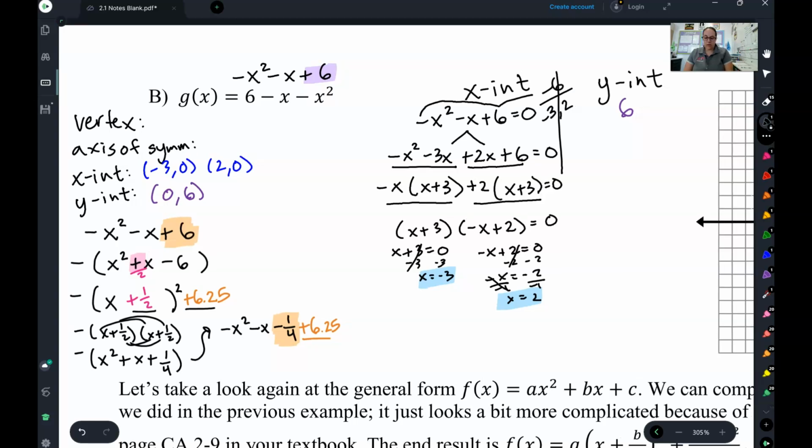So you have now completed the square. Here is your vertex form. Kind of ugly looking, not the prettiest vertex form. I mean, fractions, right? But it's still a vertex form. So now we can still come in here and say that my vertex is going to be the opposite sign of that one. So negative 1/2, comma, that one.